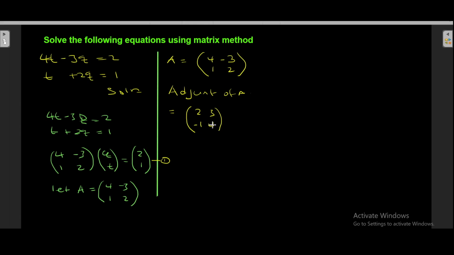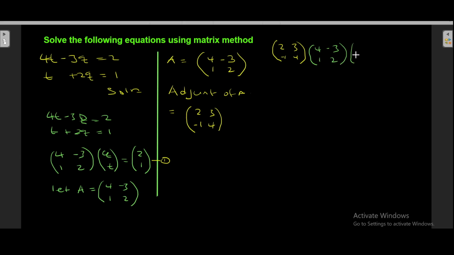After getting my adjoint, I'm going to multiply this adjoint on both sides of equation 1. Therefore, in this case, I'll end up having something which looks like this. I'll have the adjoint which is 2, 3, negative 1 and 4. Then I'll have my expression which was 4, negative 3, 1 and 2.